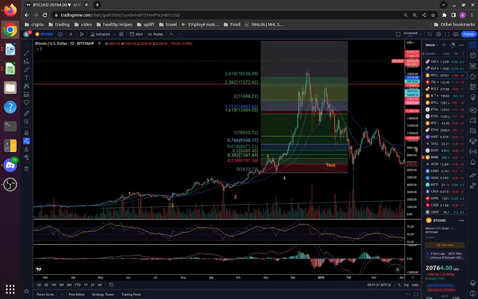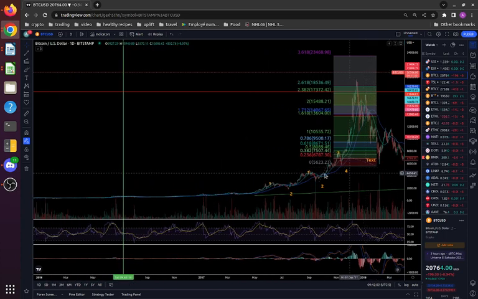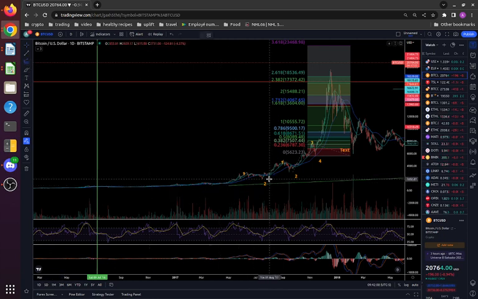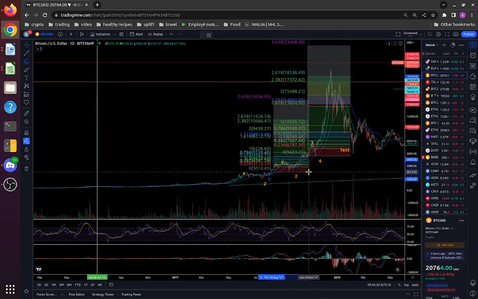Another way to calculate the extension is starting from the beginning of wave 1 to the end of wave 1, and then to the lower wave 2. It's kind of hard because I'm zooming out crazy.